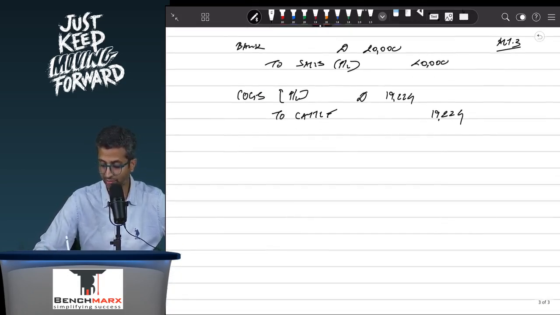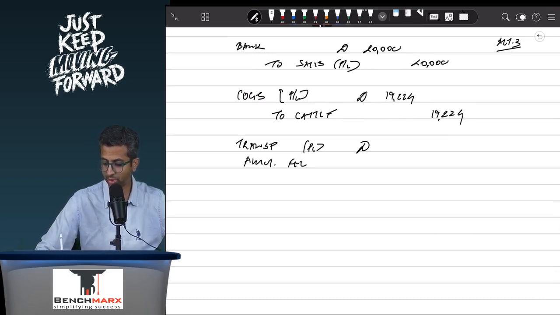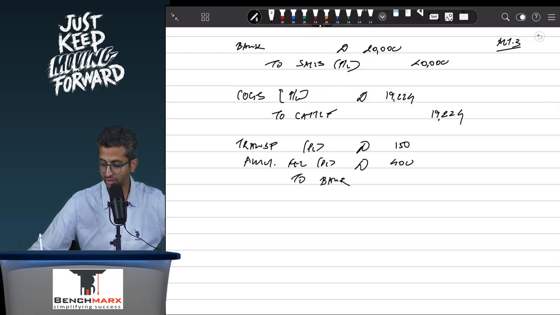Apart from that, there are a few other expenses like transportation cost, which will go to the P&L, and auctioneer fee, a separate line item, which will also go to the P&L. Let us say transportation cost of 150 and auctioneer fee of, for example, 400, and hence there will be a bank payment of, let us say, 550.